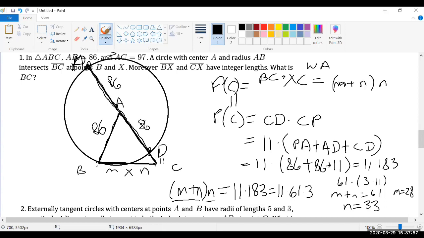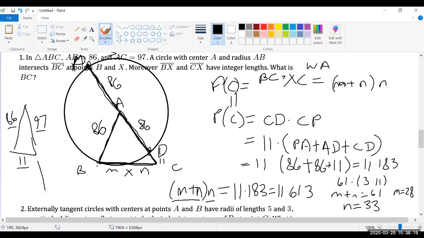Now, that rules out the case that BC equals 11, because if I had a triangle with 86, 97, 11, that wouldn't even work, because 86 plus 11 is 97. It would look like a line, right? So we know that M plus N can't be 11.